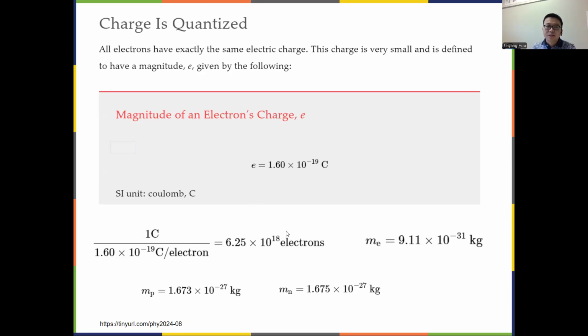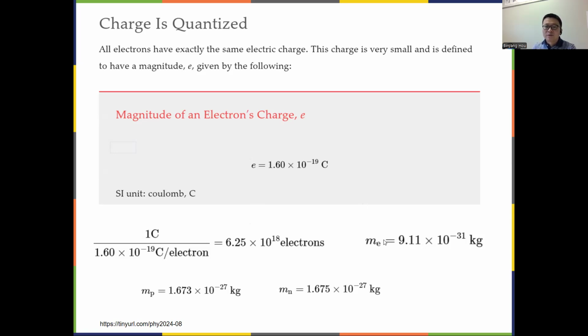So this is a constant number you can use, even if it's not given to you. The charge for an electron or proton is 1.6 times 10 to the negative 19. Keep in mind, for electrons it's negative, for protons it's positive.